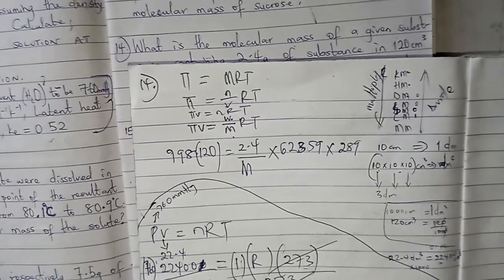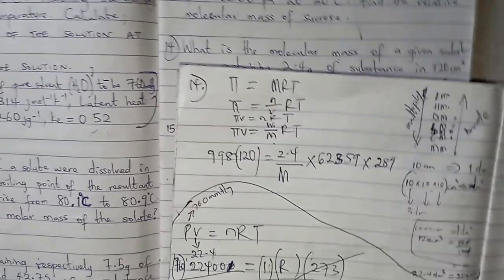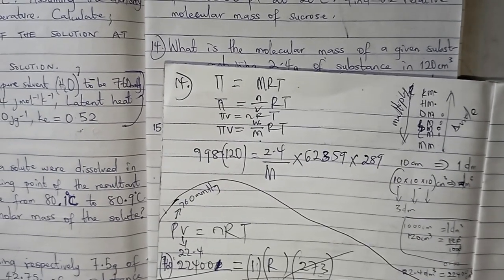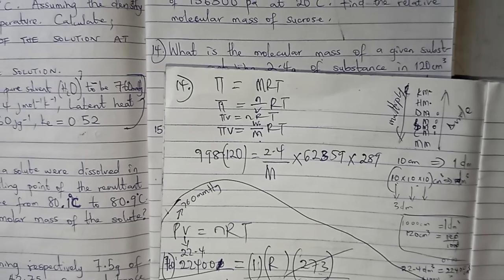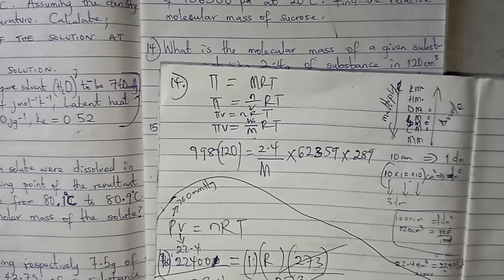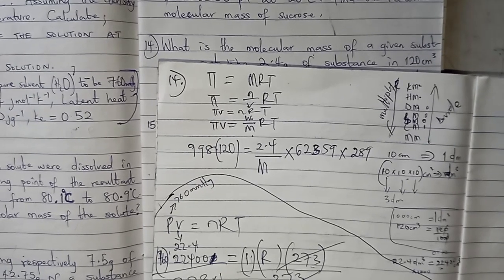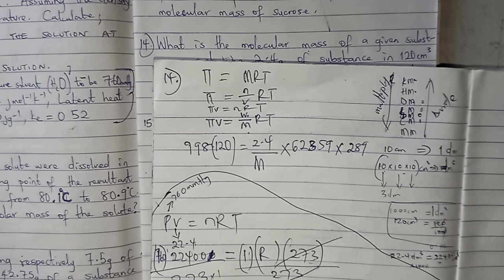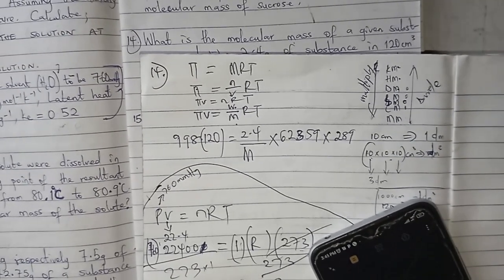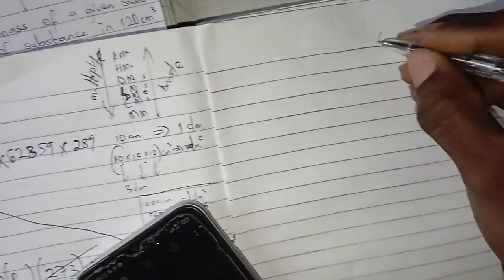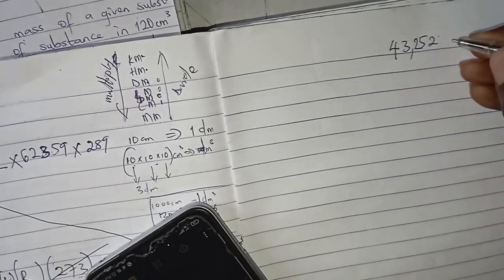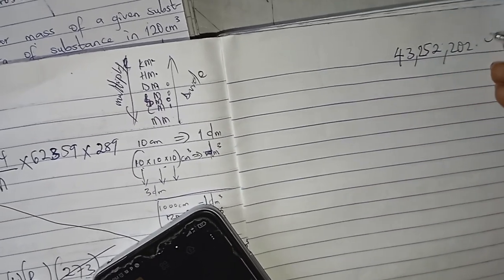Let's do it: 2.4 times 62359 times 289. I get 252,202.4.